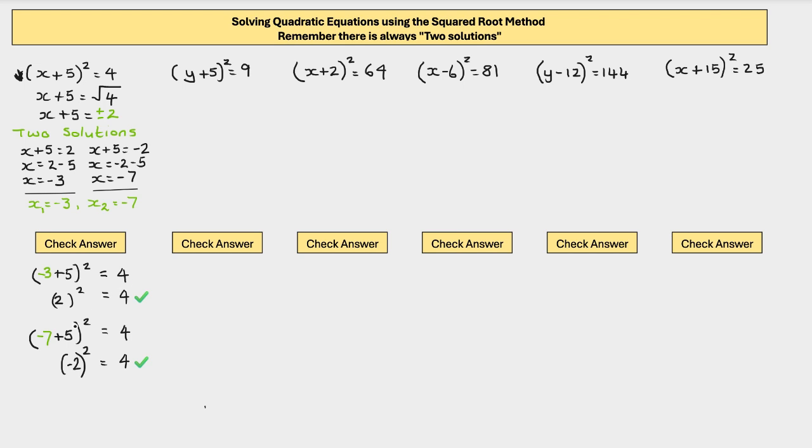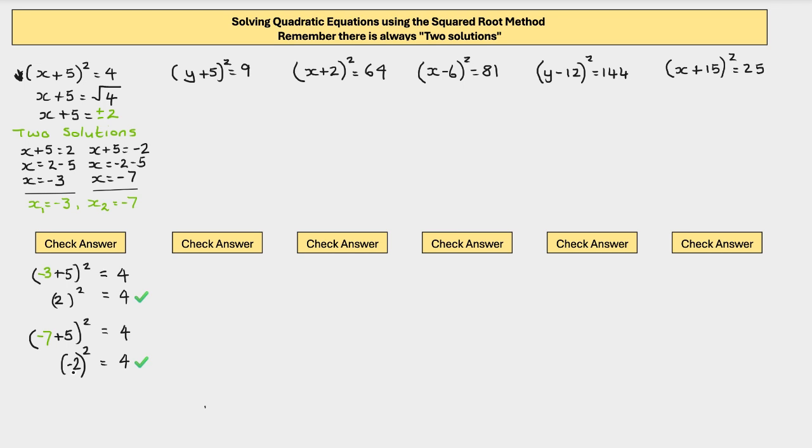So that now becomes -3 + 5, which you know is 2. So it becomes 2² = 4, and we know that 2 squared does equal 4. So it's right.